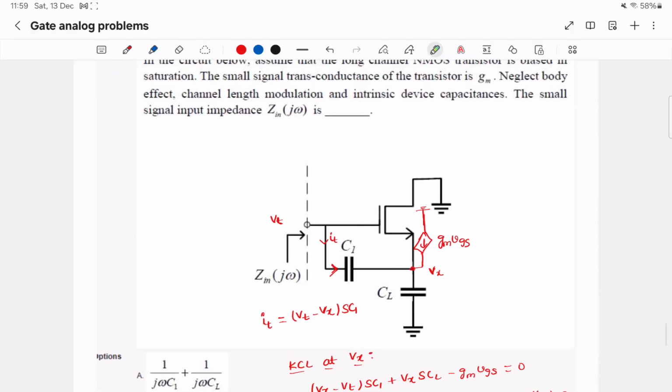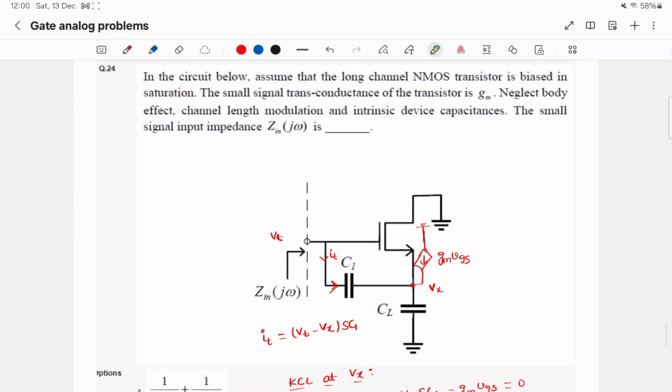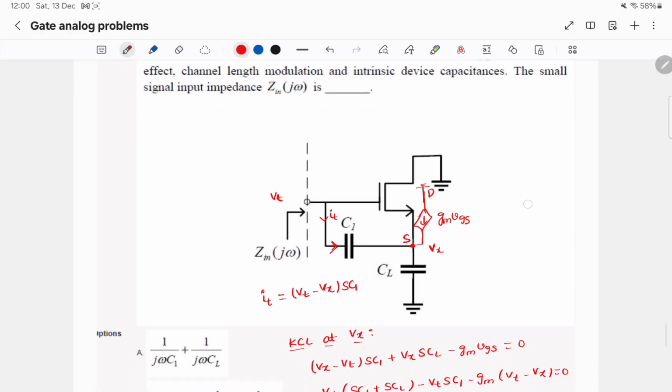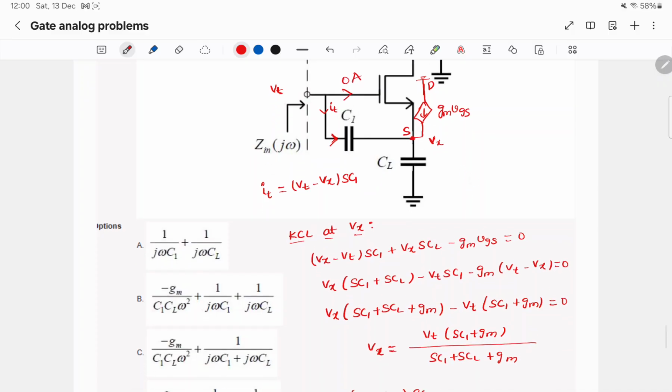Here it is asked to find the small signal input impedance. The small signal equivalent of MOSFET is GM VGS. This is drain, this is source. Let us say the source potential is Vx. No current will flow in the gate, this is 0 amps.